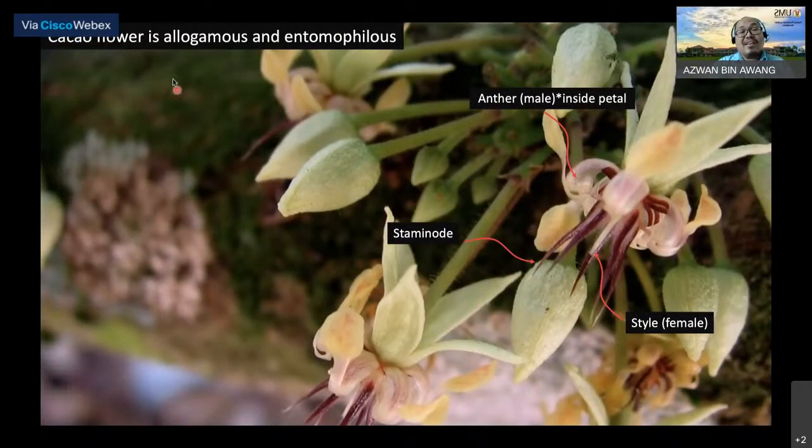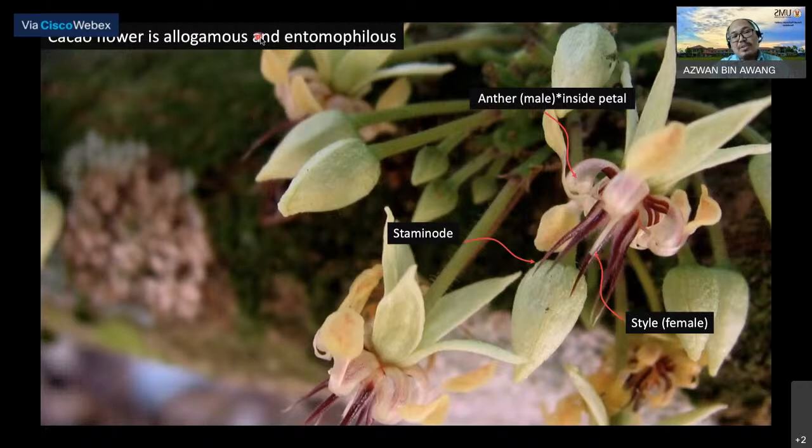Allogamous means that we know the flower is the sexual reproductive organ for plants. So your pod comes from here. They need to be pollinated, right? A male pollen needs to come to the female styles here. That's the pollen here, covered by petal. That's the female.